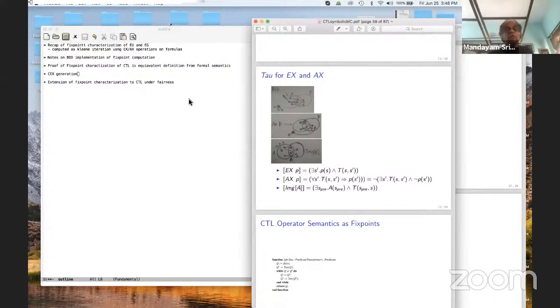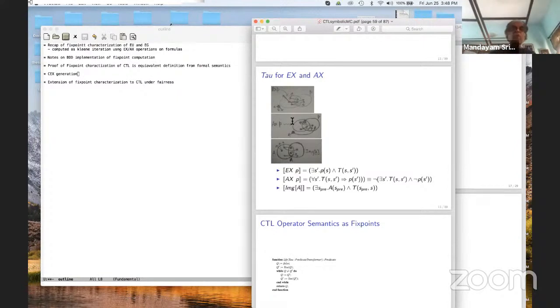Last time I expressed everything this way: the fixed points themselves were fixed points of certain predicate transformers.